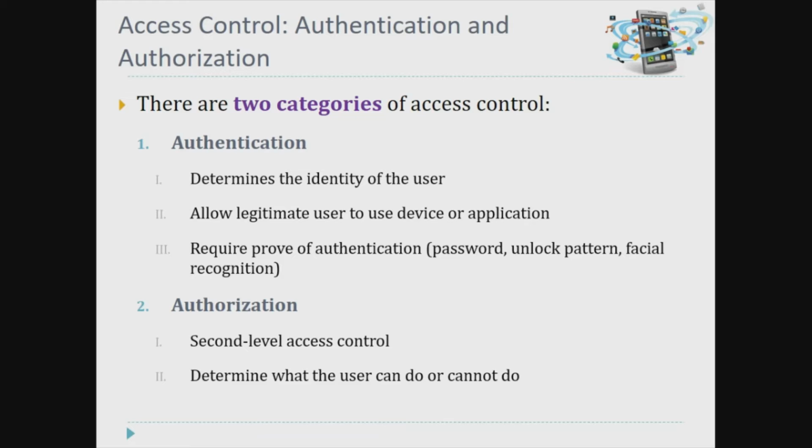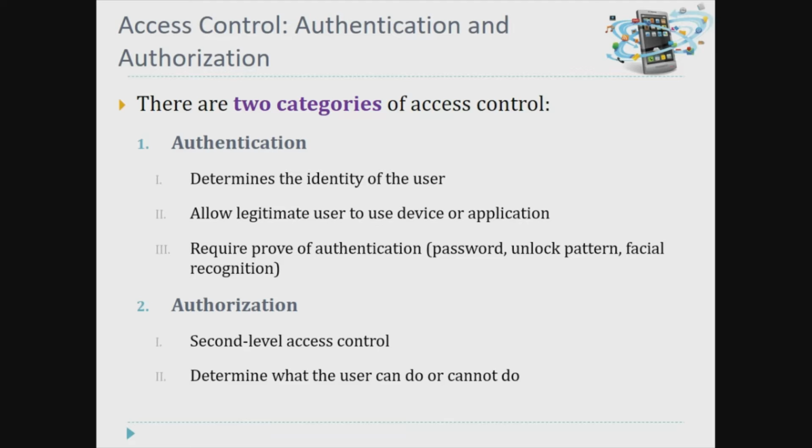Let's say you log in to Shopee. Are you a buyer or a seller? Are you a normal user or an administrator? That is the level of access control. If you are a buyer, what kind of things are you able to access? If you are the administrator, what items are you able to access?